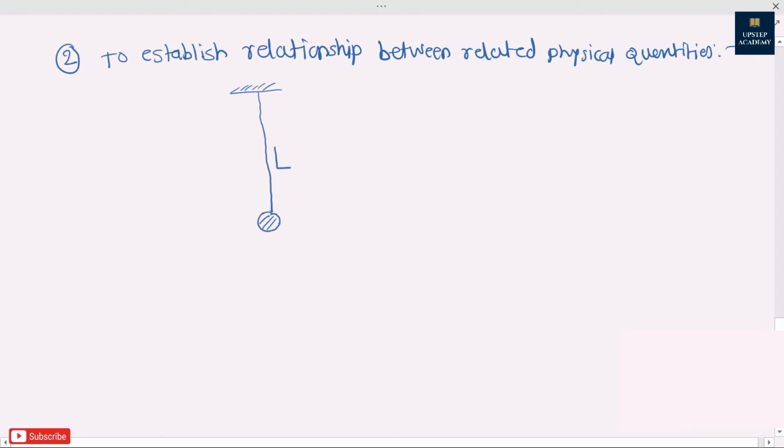This is the length of the string or rod, and here is the bob, or any object which is tied at the end of this string or rod. It oscillates within a particular limit. This is, suppose, its extreme left, and this is its extreme right position, and what we are going to find is the time period of it.